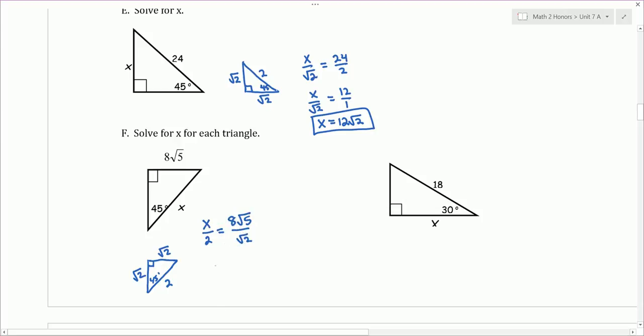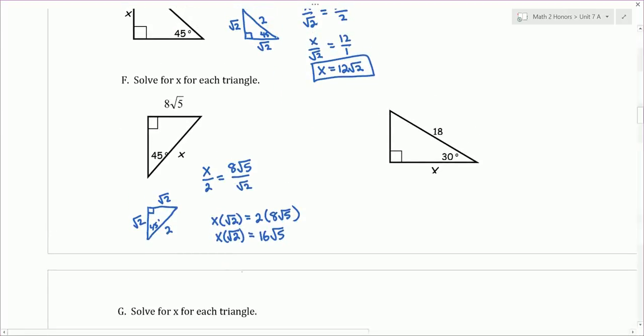We're going to cross multiply here and get x times the square root of 2 is equal to 2 times 8 square root 5. 2 times 8 square root 5 is 16 square root 5. Divide by square root of 2, and you get x is equal to 16 square root 5 over the square root of 2.